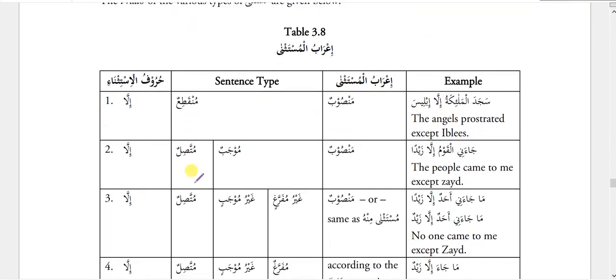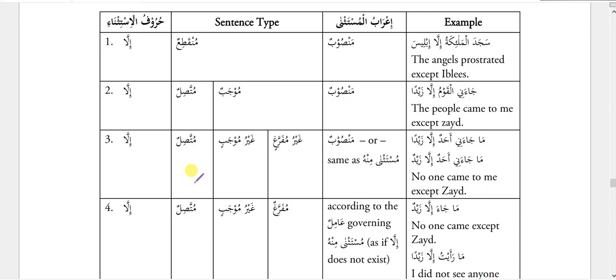Now there is a table, like there are a lot of controversies going on, like what were the i'rab of mustasna. So the simple i'rab of mustasna is having fatha on it, but sometimes the i'rab of mustasna keeps changing. So see the example.